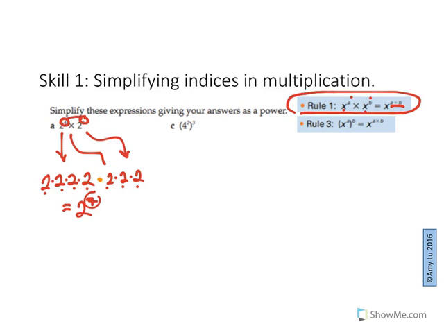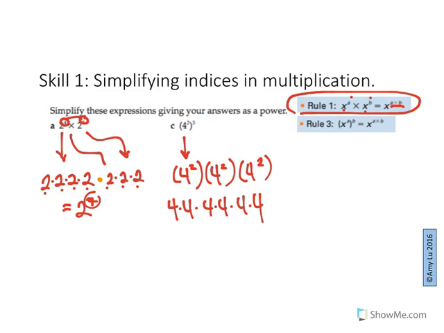Now, in this second one, because the 4 squared is in brackets, it means 4 squared times 4 squared times 4 squared. If I were to expand this, it would look like this: 4 times 4 times 4 times 4 times 4 times 4. And if we write this as a power, it's 4 to the power of 1, 2, 3, 4, 5, 6.